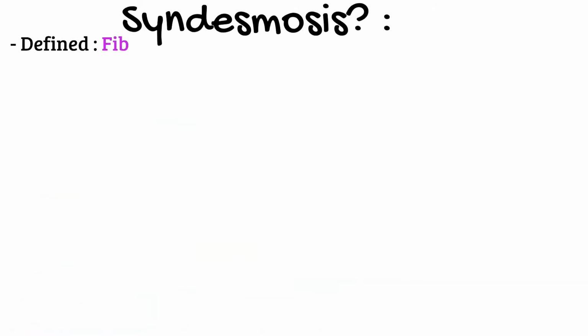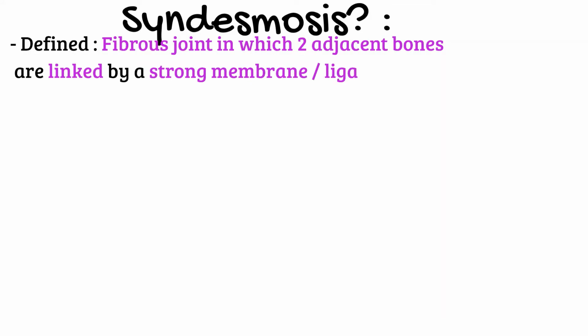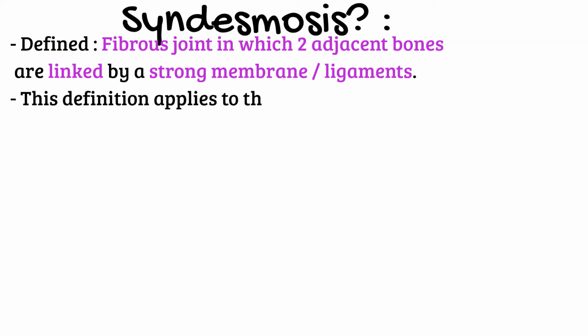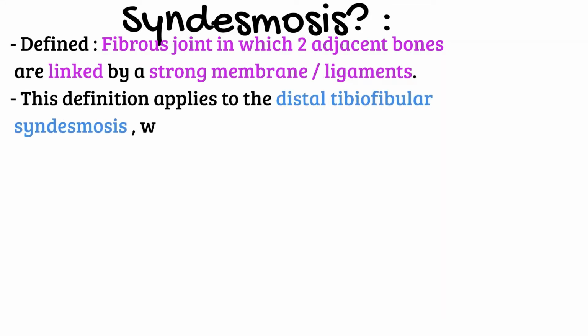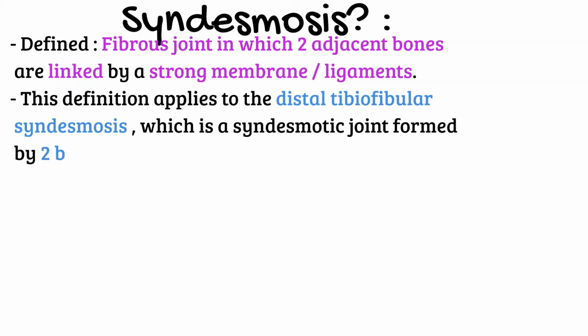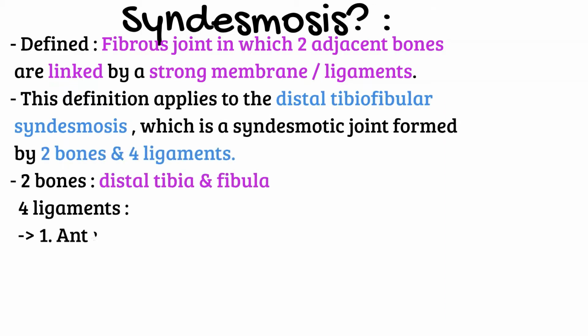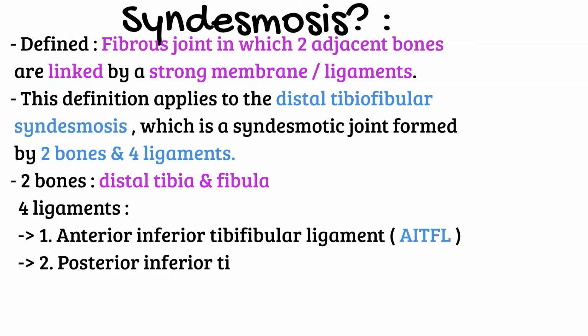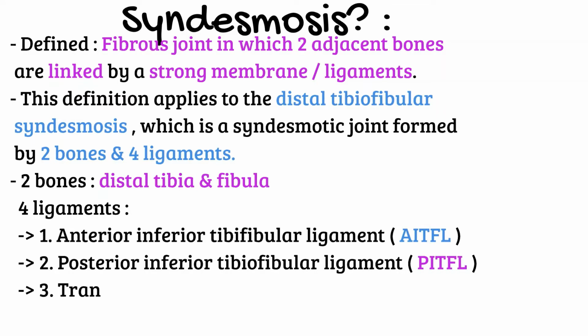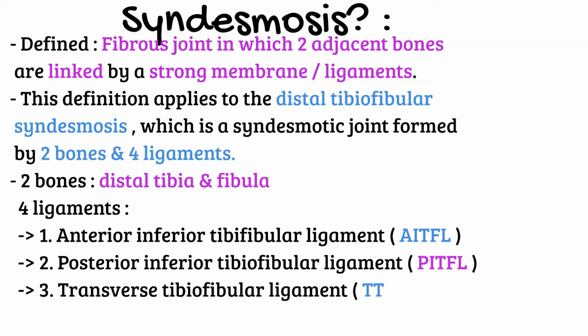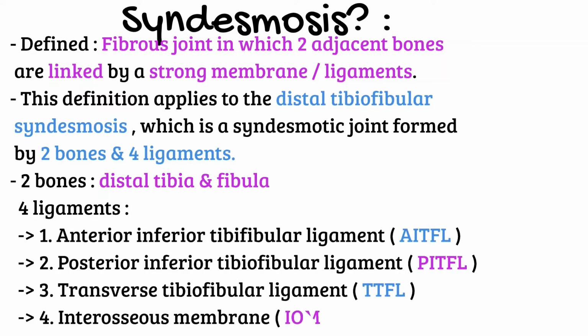A syndesmosis is defined as a fibrous joint in which two adjacent bones are linked by a strong membrane or ligaments. This definition also applies for the distal tibiofibular syndesmosis, which is a syndesmotic joint formed by two bones and four ligaments. The two bones are the distal tibia and fibula.